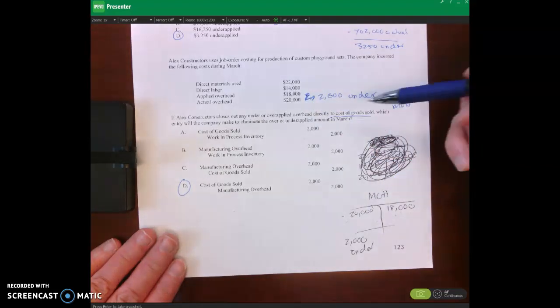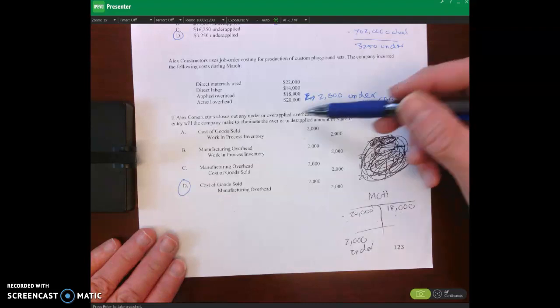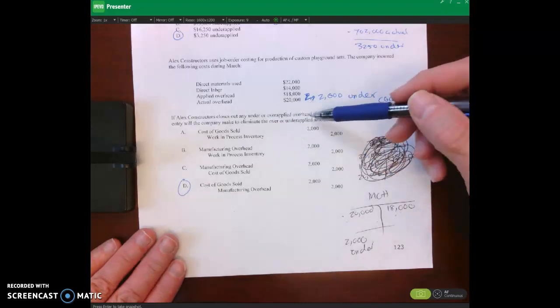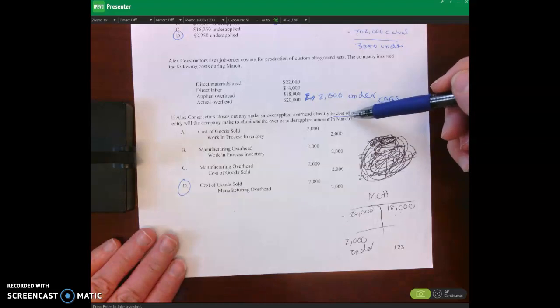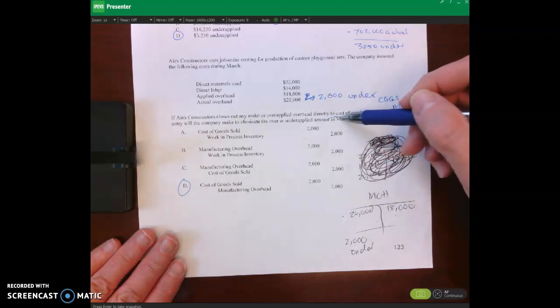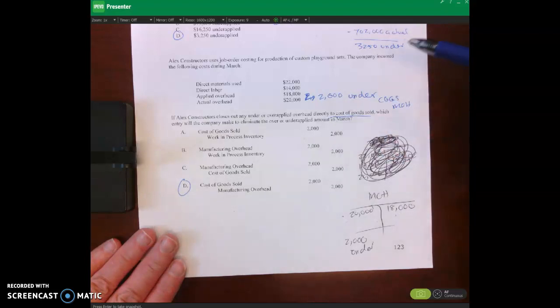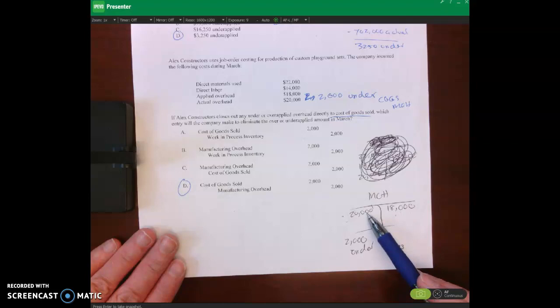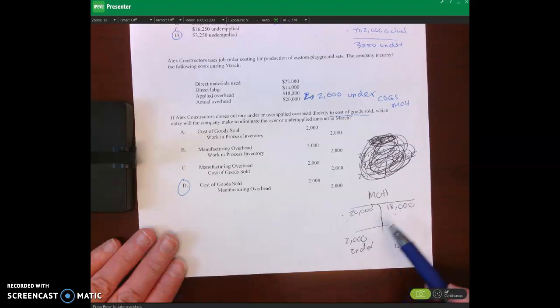What is the journal entry for the under or over applied if we close it out to cost of goods sold, which we would naturally do at year end? In this case, they're doing it in March. So we have our 20,000, which is our actual, and our 18,000, which is our applied. It's $2,000 underapplied because applied is less than actual by $2,000.